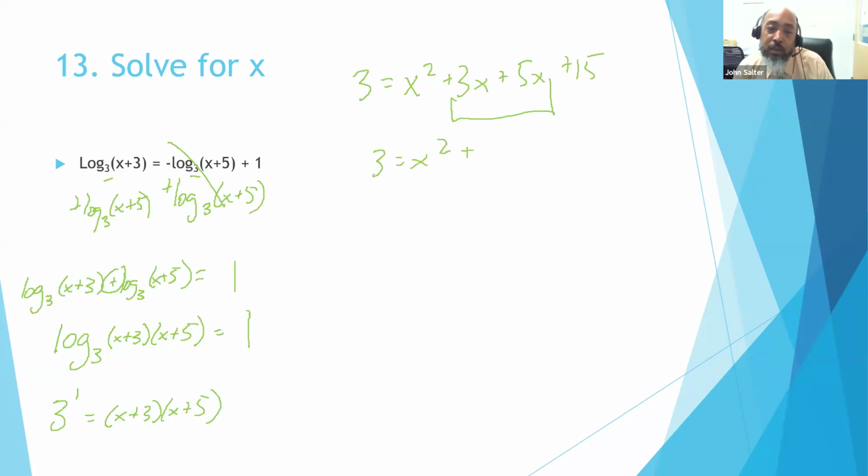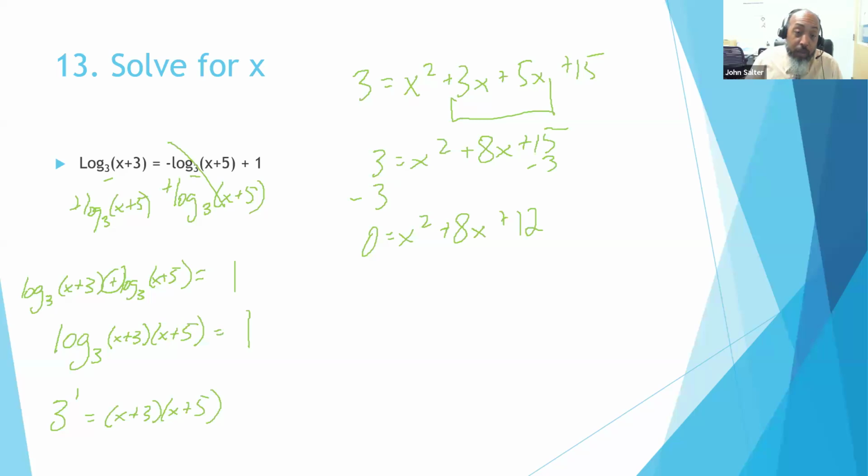8x plus 15. Because this is a quadratic, I'm going to move my 3 to the other side. So I get 0 equals x squared plus 8x plus 12. All right. Looking at it, I can go a few different ways with this.